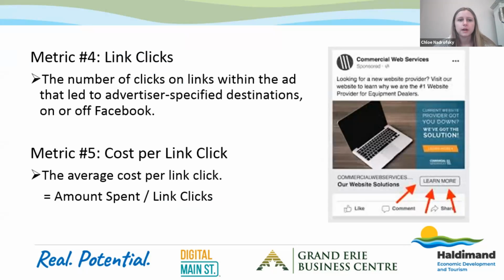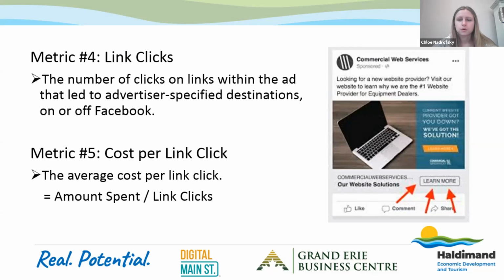Metric number 4 is link clicks. This is the number of clicks on links within the ad. It's pretty straightforward: it took your customer to a landing page or a specified destination off Facebook. To calculate your cost per link click, it's just the average amount spent on the ad divided by link clicks.